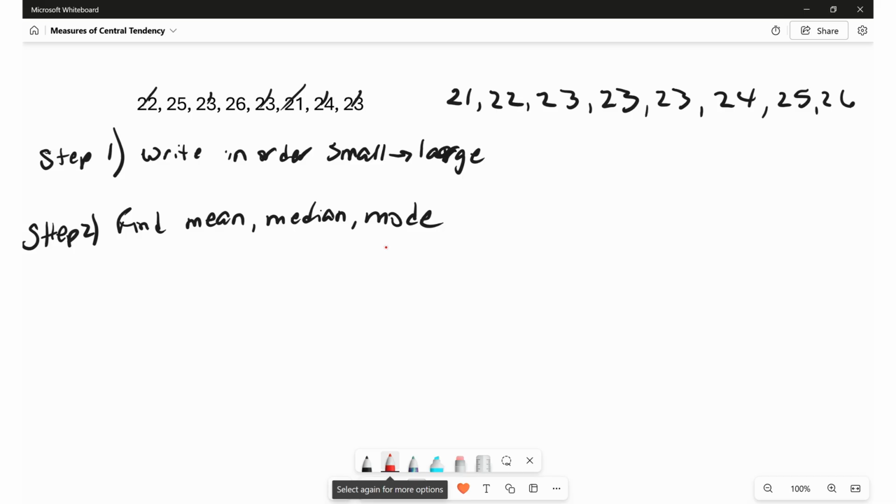So is mode. Remember that mode is the most. Well, we can see here that we've got these three values that are all 23. So that's clearly 23.